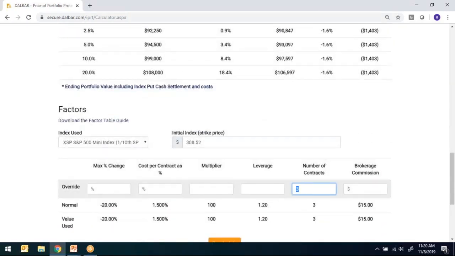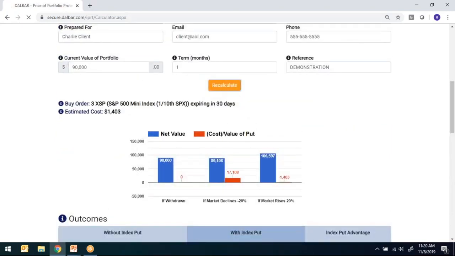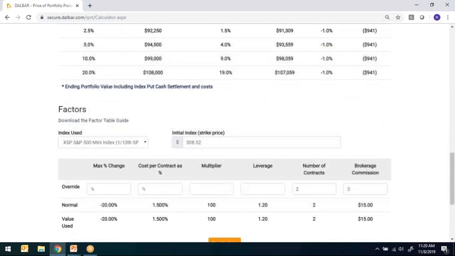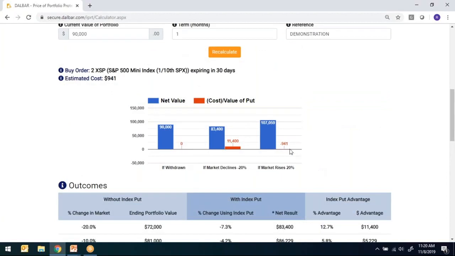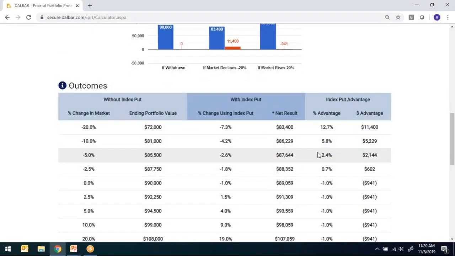And of course, we could bring that down even more. We're only at a $941 premium. But you can see now that the losses are not capped at that amount.